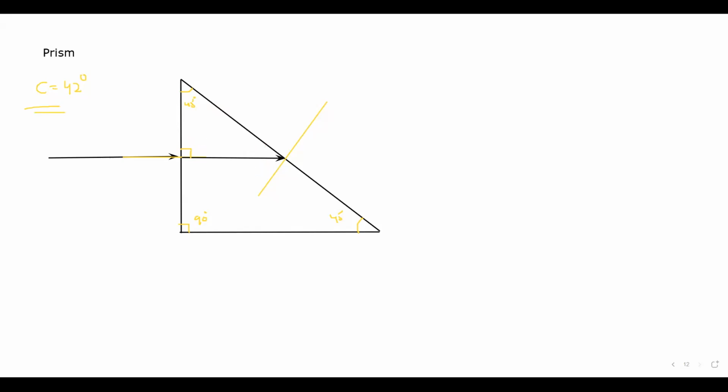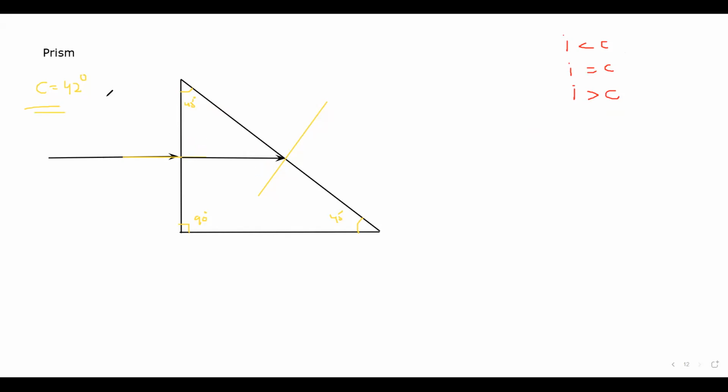Only these angles are given, and the question is you have to complete the path. But to complete the path, you have to check whether the angle of incidence is less than the critical angle, equal to the critical angle, or more than the critical angle. So you should check the angle of incidence first.